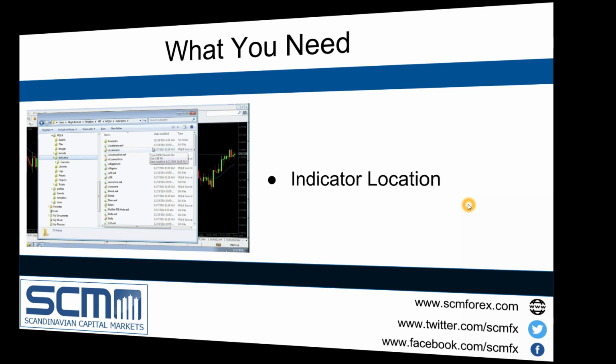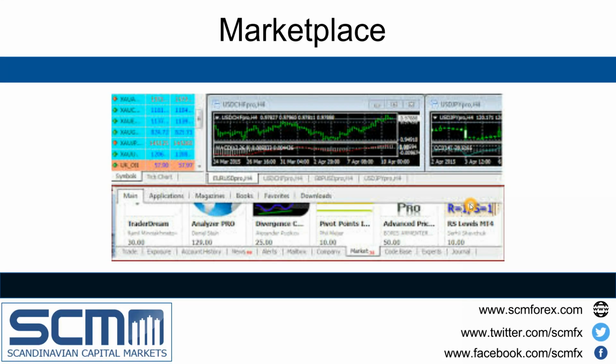But in addition, there's also these indicators located in the market tab of the terminal. And we talked about this briefly in our terminal video. So we're going to talk about these indicators also that you can use. These are custom indicators that you can add to your platform also. Let's pull up MT4 and take a look.